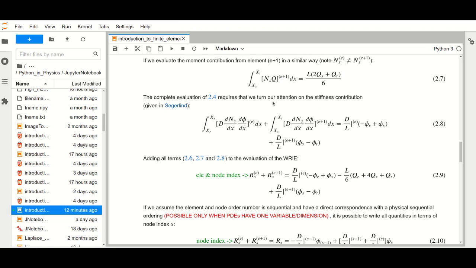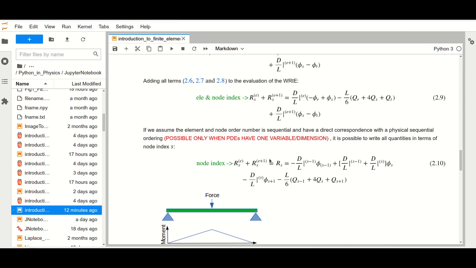In 2.8 we give the contribution from the stiffness integrals here, and in adding up all terms from equation 2.6, 2.7 and 2.8 we have 2.9, which is the residual integral. It is the residual integral evaluation given as element number and node index numbers.